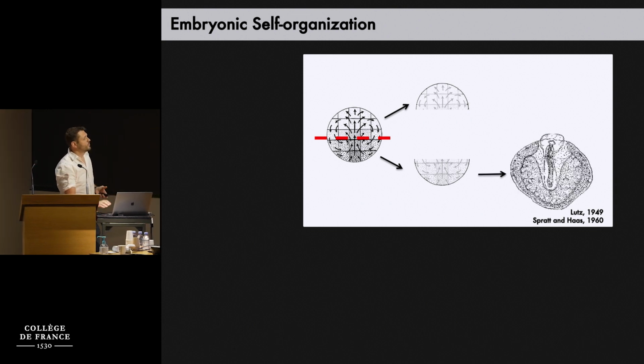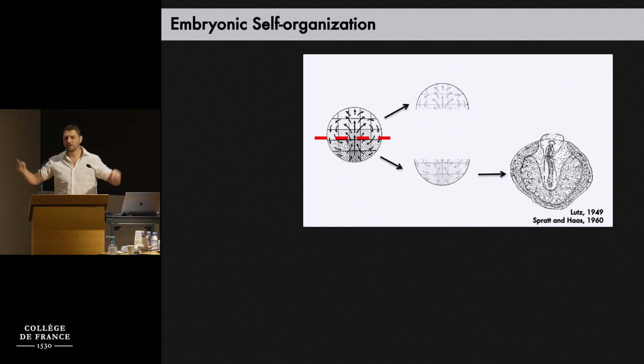So what happens when you do that, and it's a very striking phenotype, is that the embryo here develops at the posterior side completely normally. That means that the embryo is able to rescale to the new size of the tissue. So imagine that we're removing about 50,000 cells. And then the embryo is able to redirect the territories in order to form an embryo with a head and neural-driven somites.